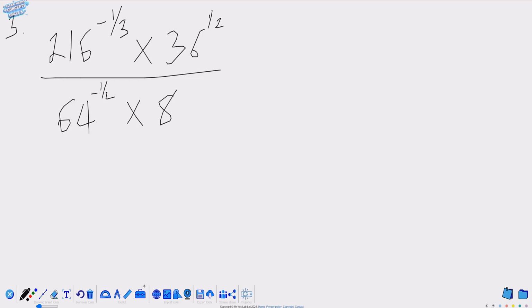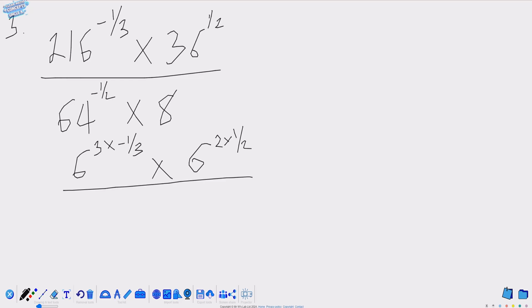So just take all those numbers to index form. 216 can be expressed as 6 raised power 3. So you have 6 raised power 3 times minus 1 over 3. Then 36 can be expressed as 6 raised power 2 times 1 over 2. Then you have this is 8 raised power of 2 times minus 1 over 2. Then times 8.